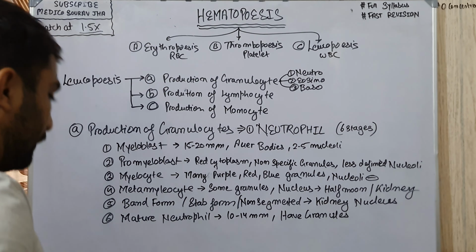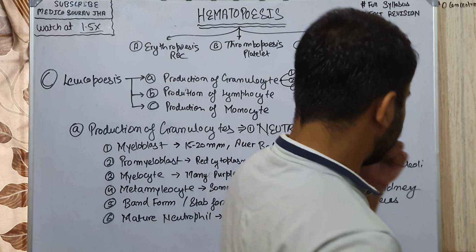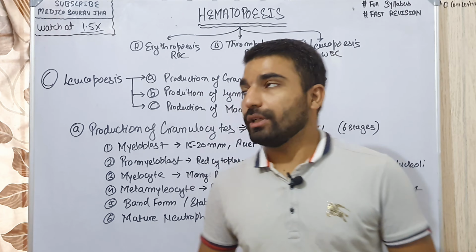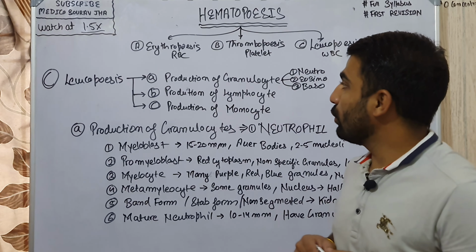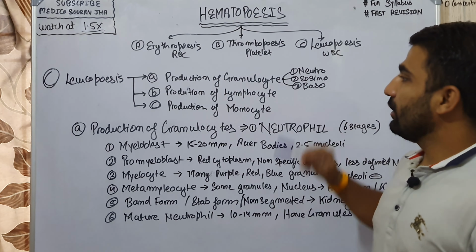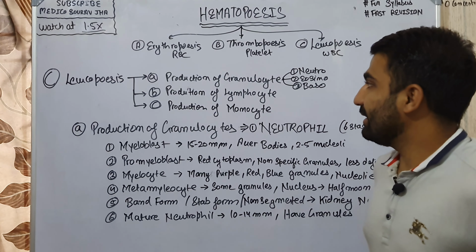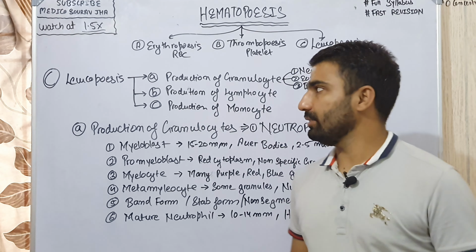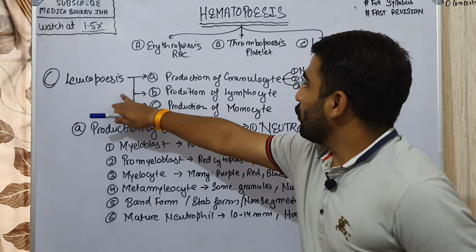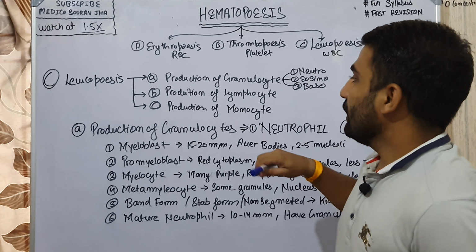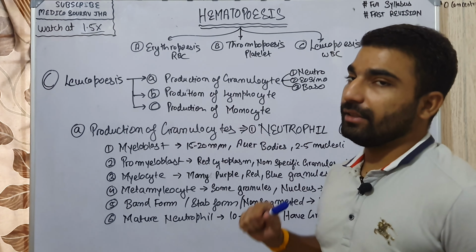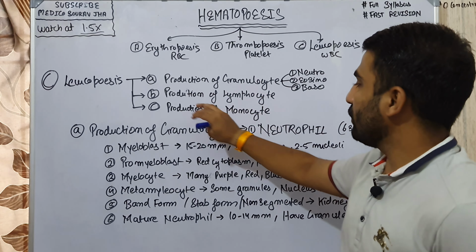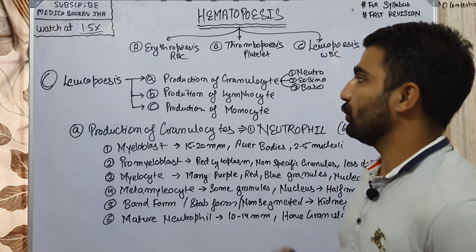Now we are on the next one, that is leukopoiesis, production of leukocytes, those are WBCs. Leukopoiesis can be seen in three parts: production of granulocyte, production of lymphocyte, production of monocyte.